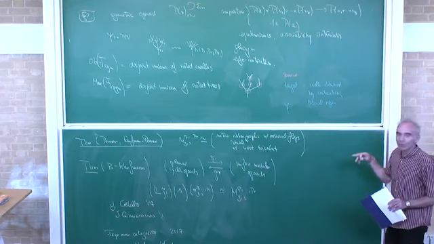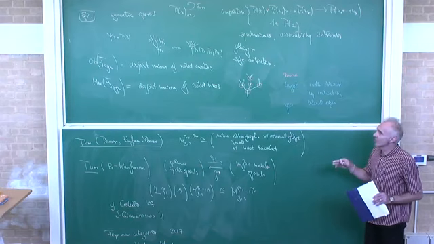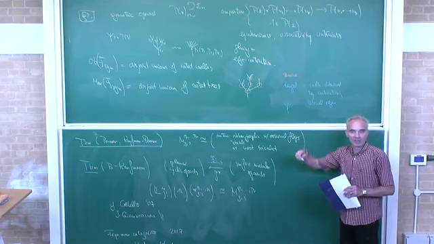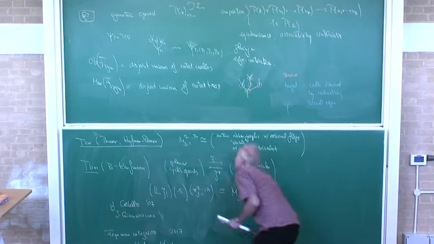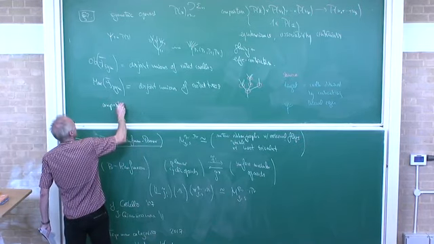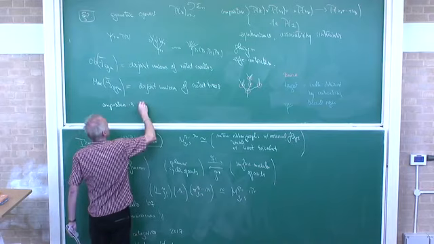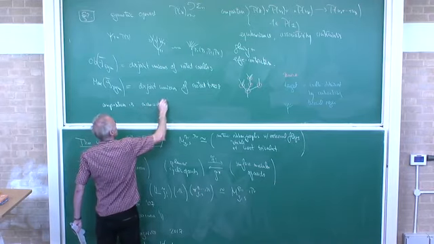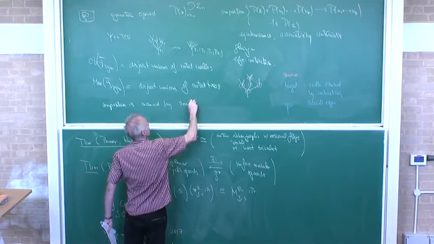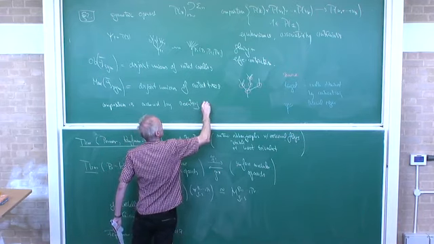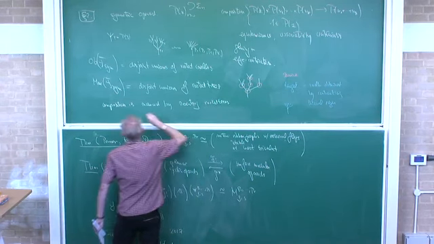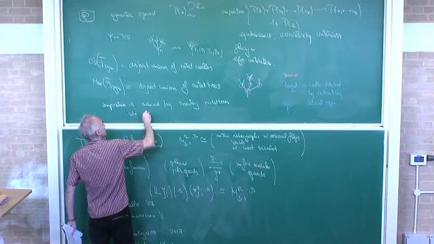And now how do you compose? Composition is induced by inserting rooted trees into vertices of rooted trees.